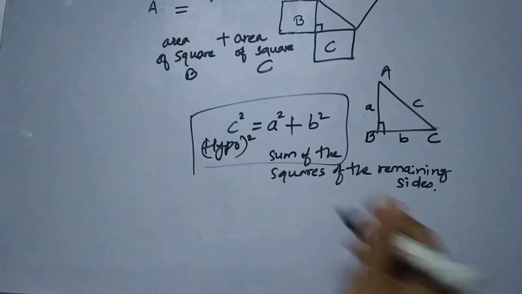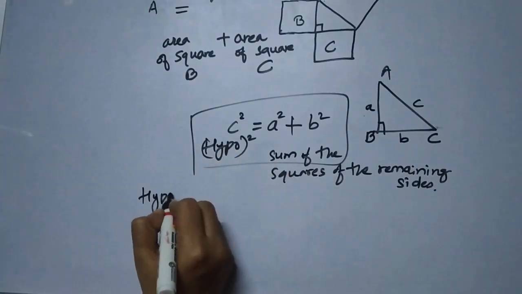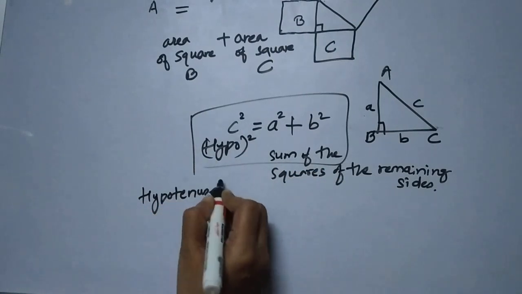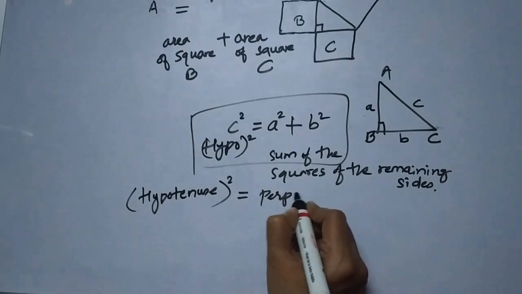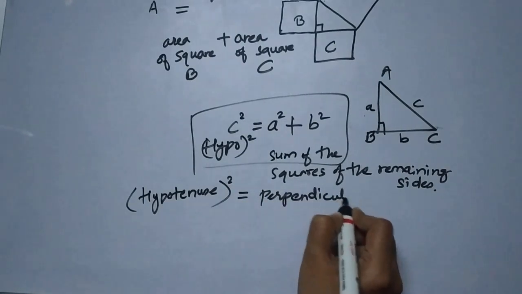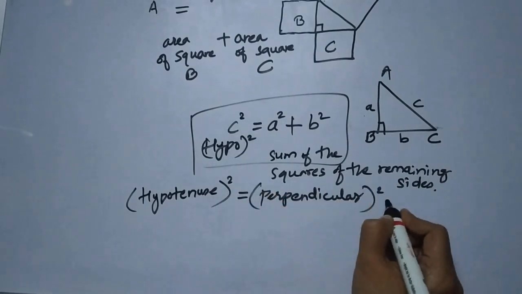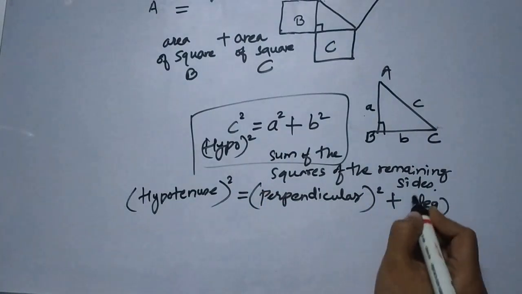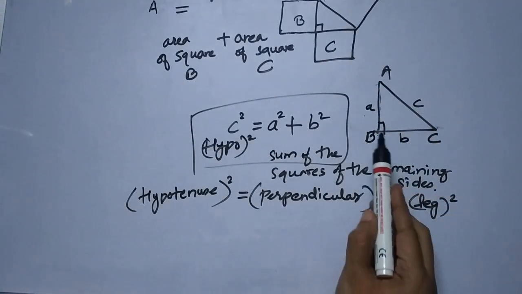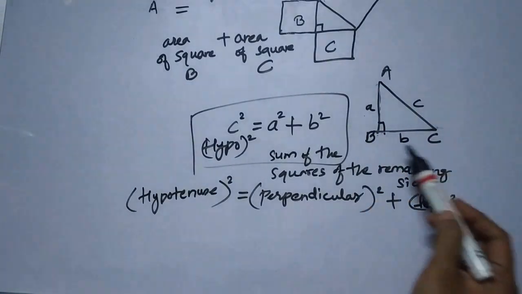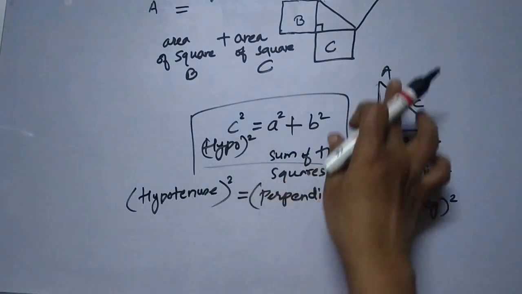Friends, you can also write it like this: hypotenuse square is equal to perpendicular square plus leg square. AB is a perpendicular drawn at 90 degrees on the side BC, and this BC is called the leg. So what is the hypotenuse here?